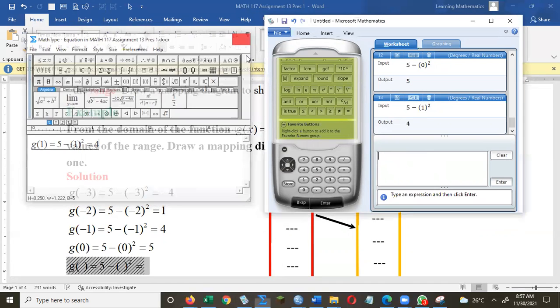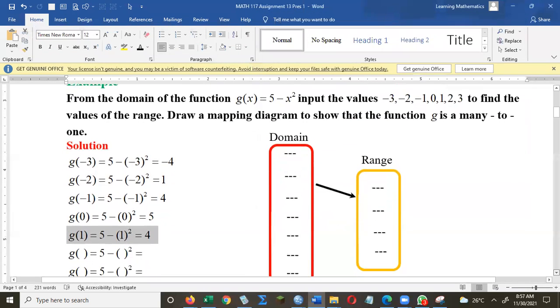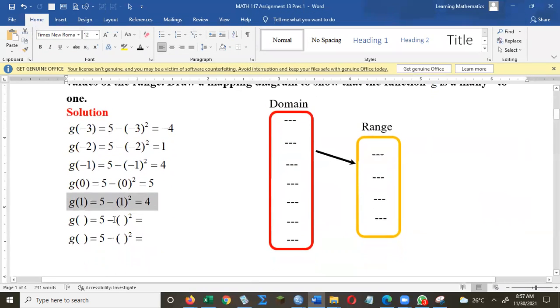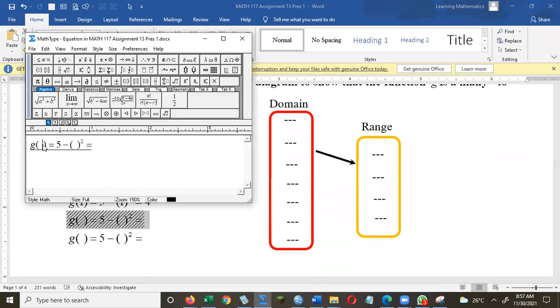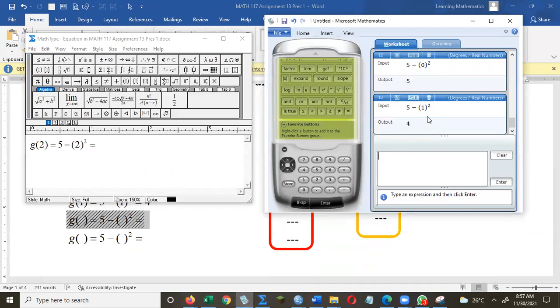I guess by now everybody's understanding what we are doing. We're going to do 2 now, and we put 2 there. In your calculator, I think you are going to get 1, because 2 twos are 4, and 5 minus 4 is 1.